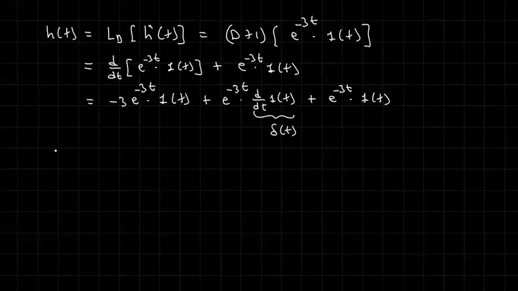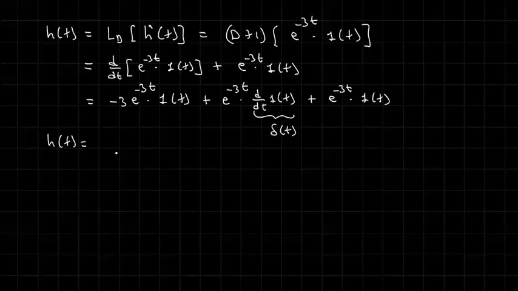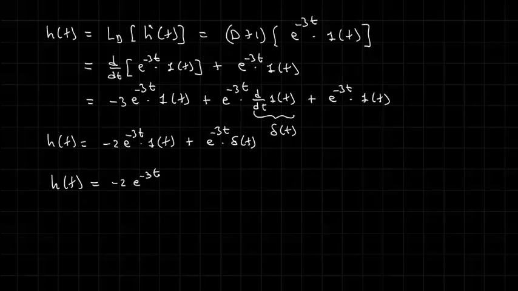Let's clean this up. We'll have h of t is equal to minus 2 e to the minus 3t times the unit step plus e to the minus 3t times the delta function. But I can simplify it further by getting rid of the weight in front of the impulse.